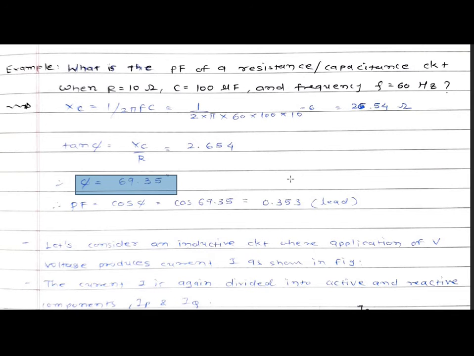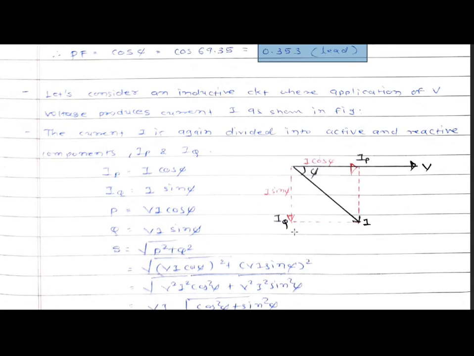Now put the value of phi in the power factor equation: cos phi is equal to cos 69.35, which is 0.353 leading. This is the leading power factor due to the capacitance present. I hope you understood these two examples of the power factor.